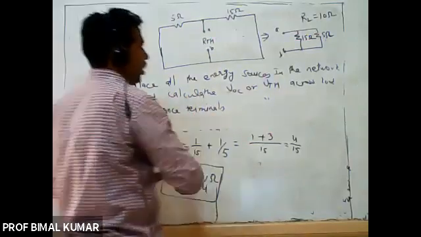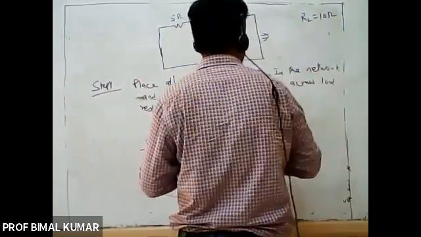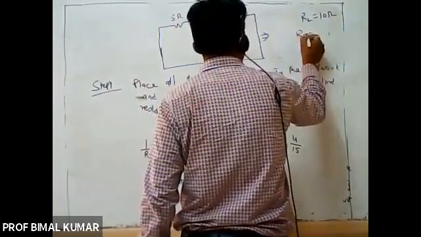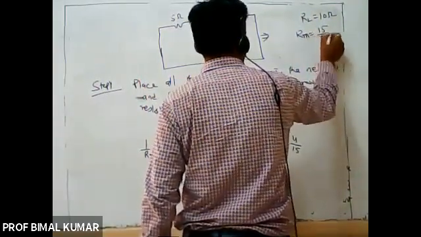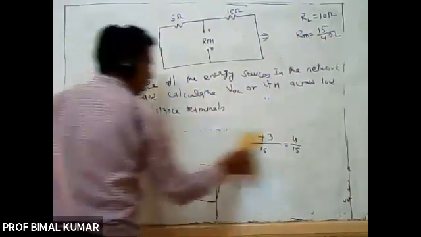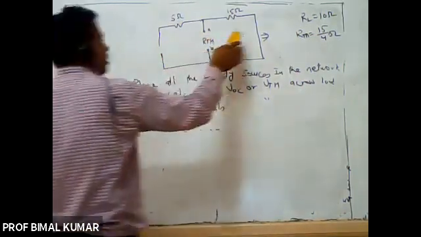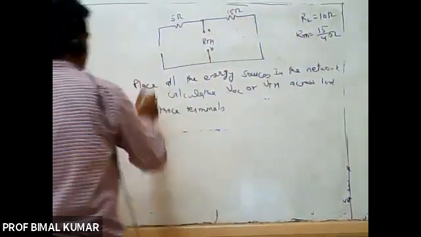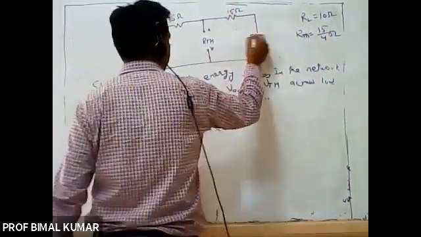Right? So RL is equal to 10 ohm and RTH is equal to 15 by 4 ohm. Now I just place here one energy source and here a second energy source.